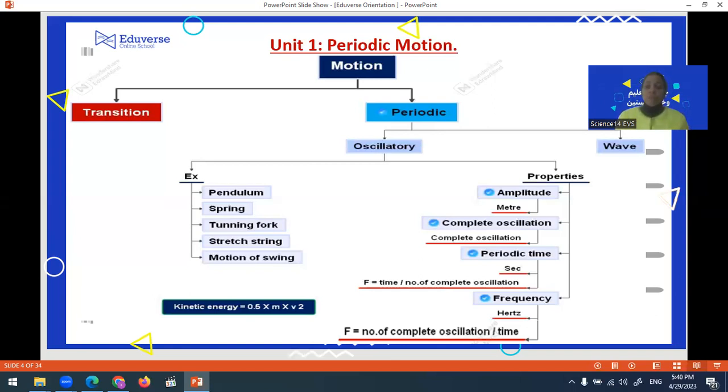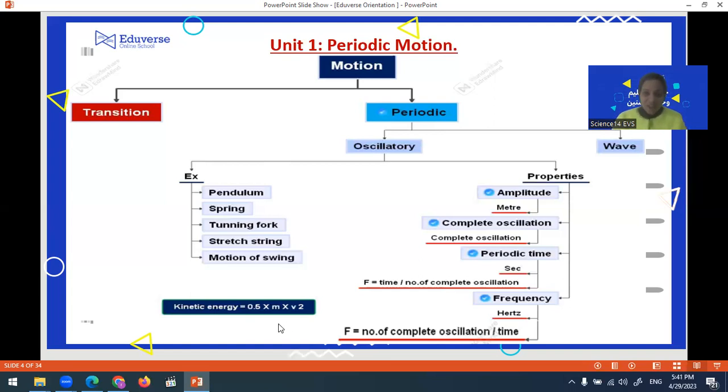And the measuring unit of the periodic time will be the second. Okay, what about the frequency? It's the number of complete oscillations in 1 second. Okay, and we measure the frequency, of course, by hertz.